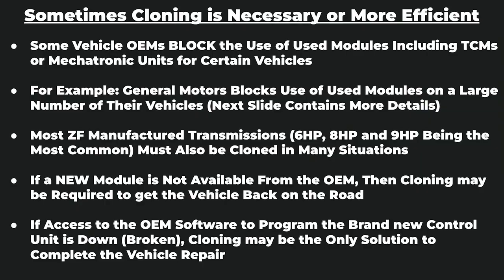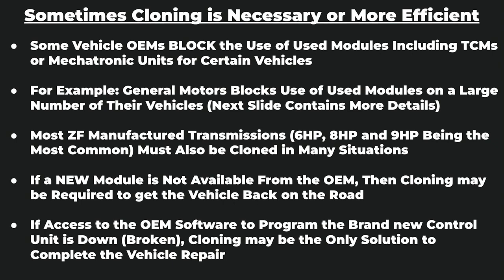So now we want to talk a little bit about cloning. Sometimes cloning is going to be necessary on various vehicle applications, and this can be for a variety of reasons. Some vehicle manufacturers physically block the use of used control modules. This may include transmission control modules or mechatronics units in dual clutch transmission applications.